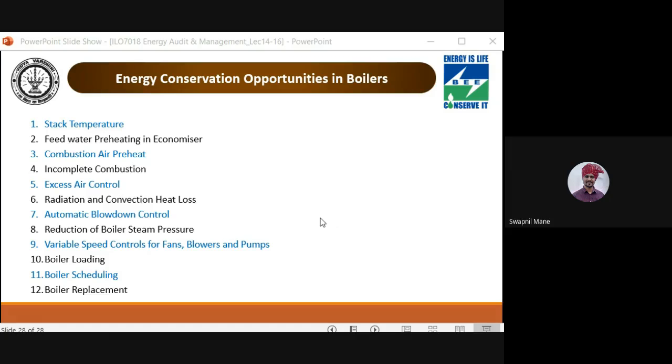So blowdown is nothing but, see, if you have experienced your water heater, the continuous drop and rise in temperature will cause the sediments or impurities in the water to get deposited on the inner side of the water tubes, and this is called scaling or fouling.